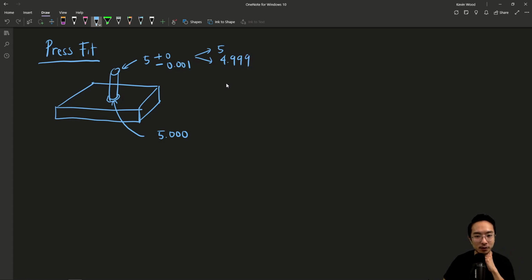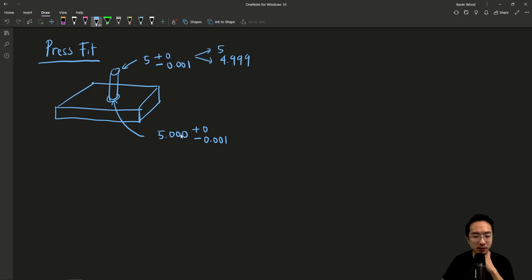So we know that we wanted to somehow interfere. So here you could do something like 5, plus 0, and then maybe minus 0.001.